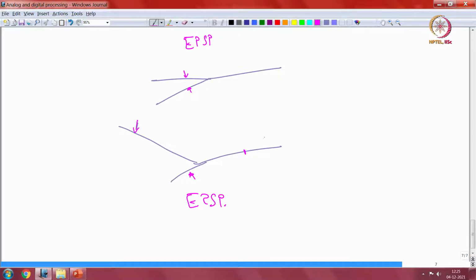EPSP, and then this is an axon, these are dendrites.